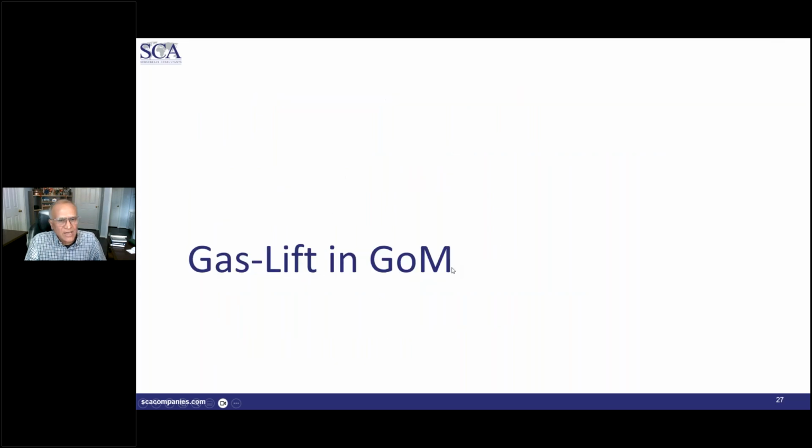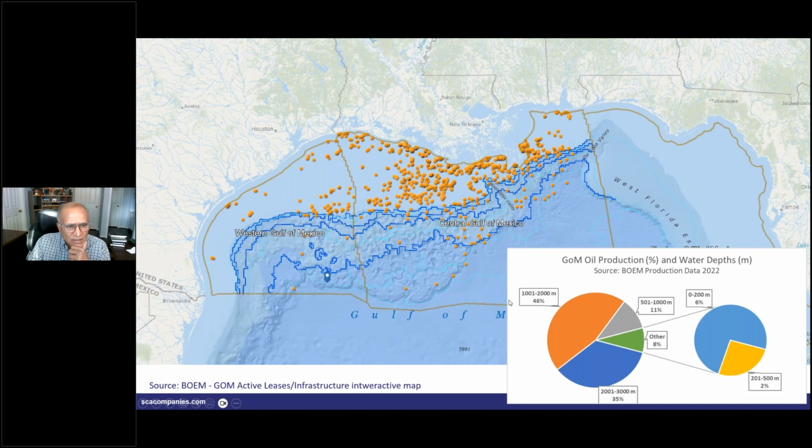So with this, let's look at what is happening on the Gulf of Mexico side. What we are looking at here is a picture from the Bureau of Energy Management. These are the platforms, and these blue lines are the water depths from 200, 400, 800, and then I think this is 1600.